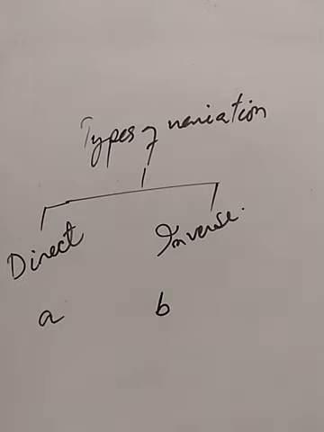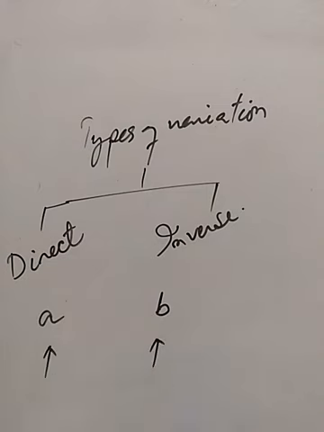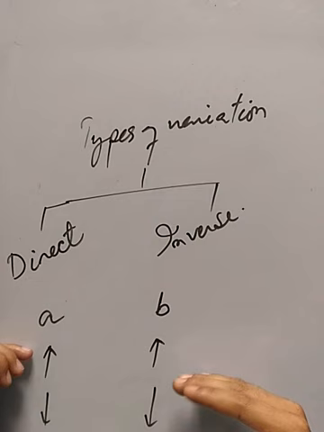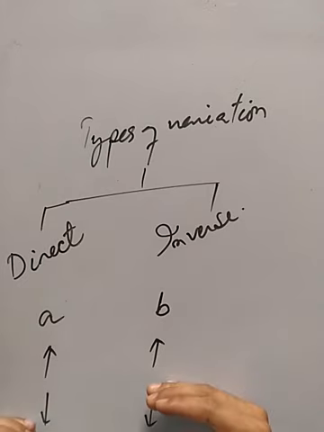When quantity A increases, quantity B also increases. When quantity A decreases, even quantity B decreases. So let me repeat. If quantity A increases, quantity B also increases. If quantity A decreases, quantity B also decreases.